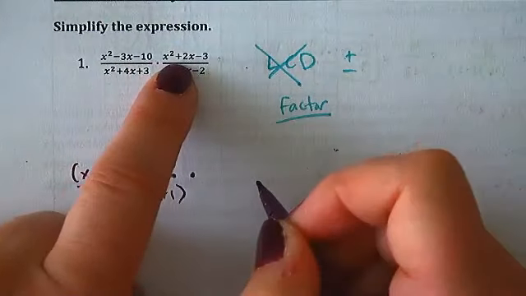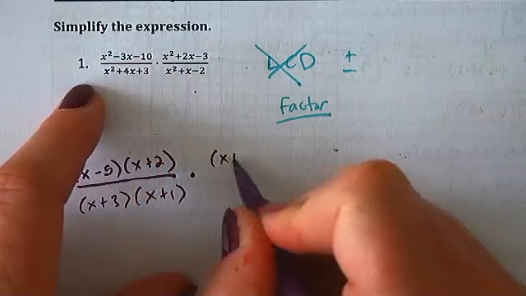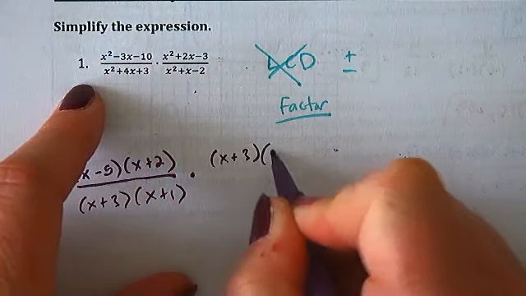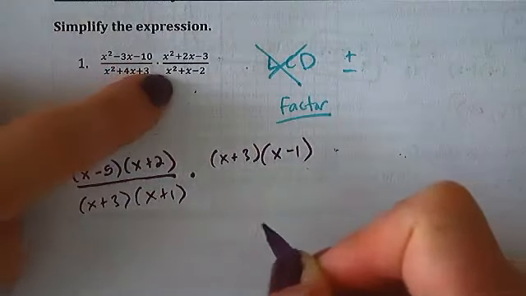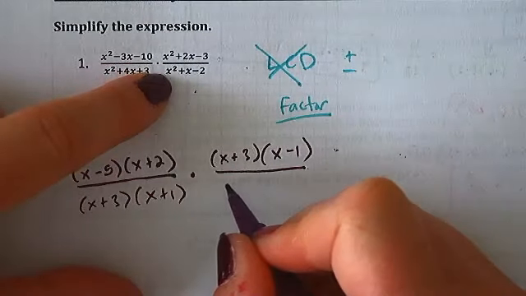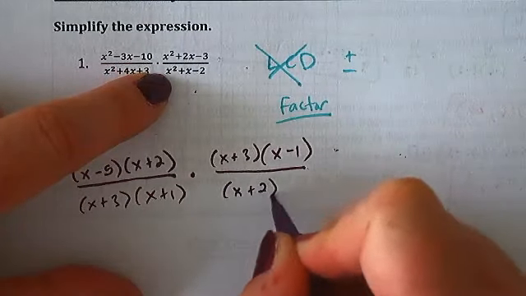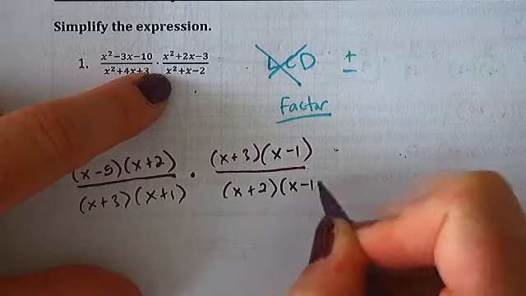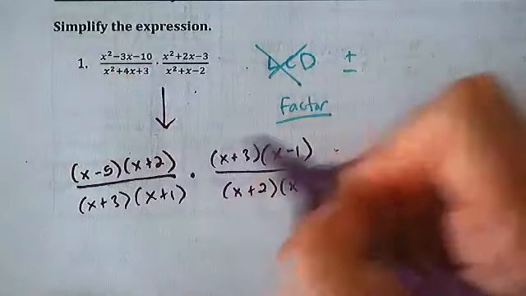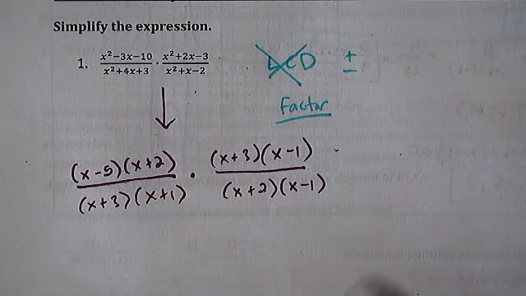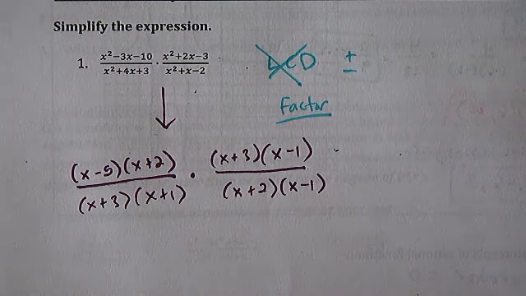This numerator factored out is x plus 3 and x minus 1. And this denominator factored out is x plus 2 and x minus 1. Okay, so that's every single thing factored out here. These are equivalent, and from here, we just look for things that we can cancel out.